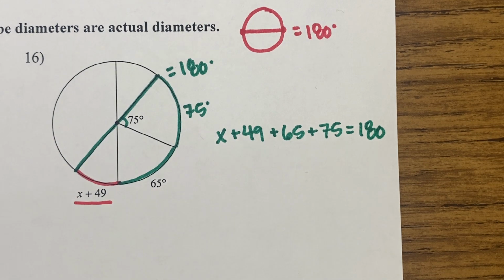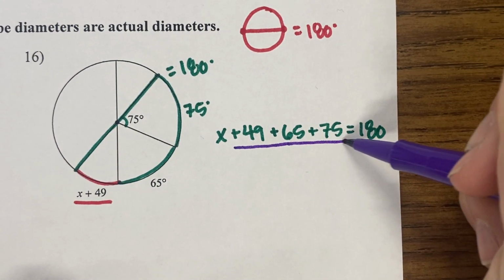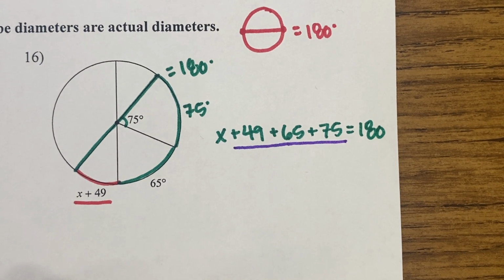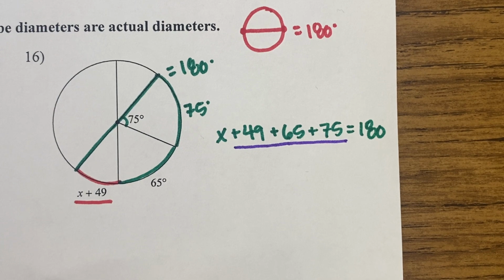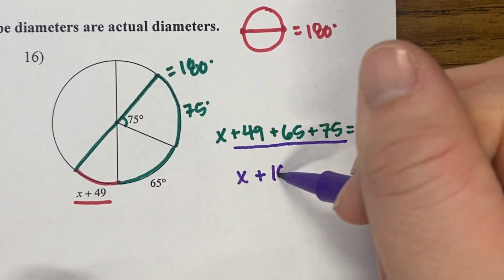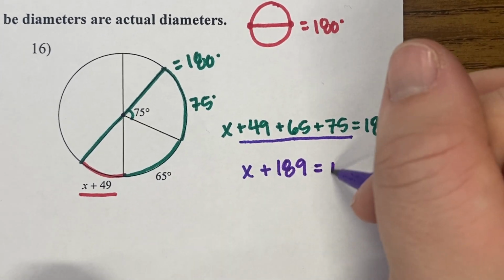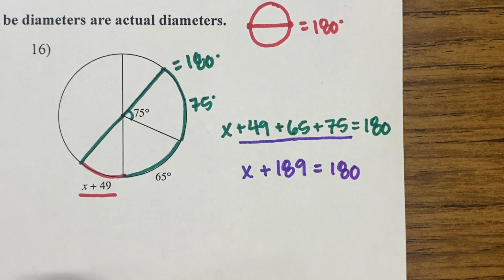Before I solve for x, I need to combine some like terms. 49 plus 65 plus 75. I'm just going to plug that into my calculator. And that gives me 189. So now I have x plus 189 equals 180.